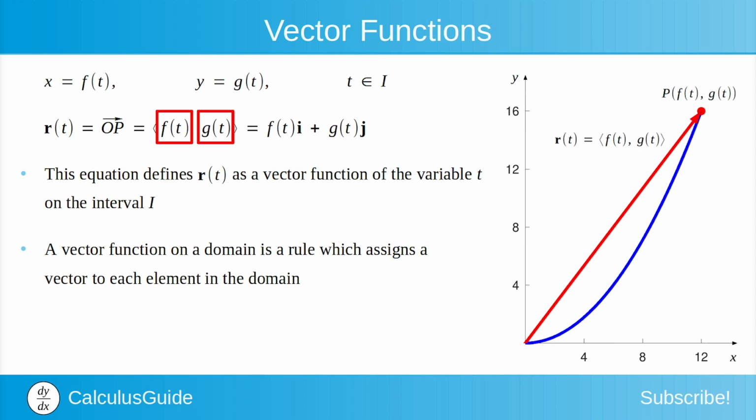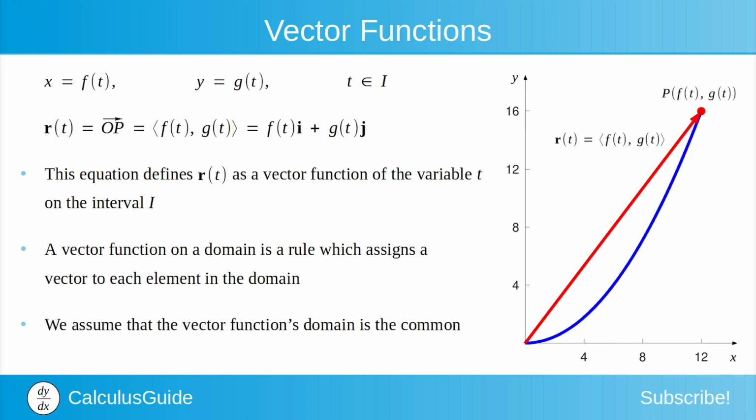When a vector function is defined using component functions, we assume that the vector function's domain is the common domain of the components. So in this example shown here, we assume that the domain of the vector function r of t is the time interval I. I'll explain vector functions further using our example.